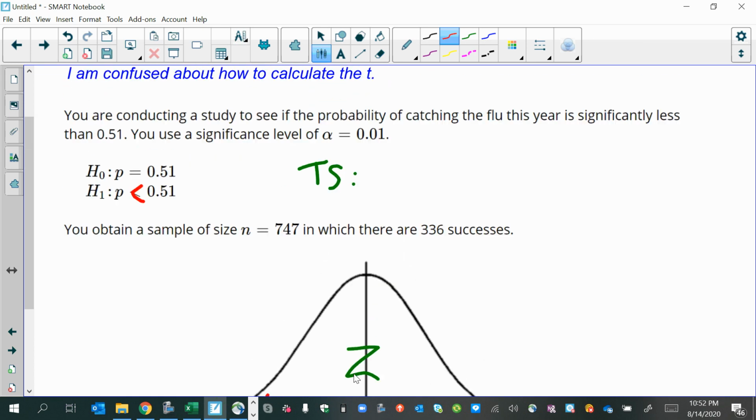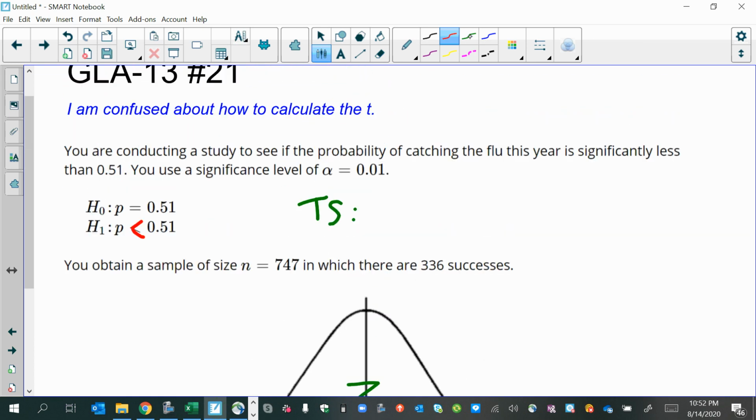And we have a sample statistic given in the problem. Right here, this and this give us our p hat. That's our sample proportion, which is the number of successes out of the number of trials.